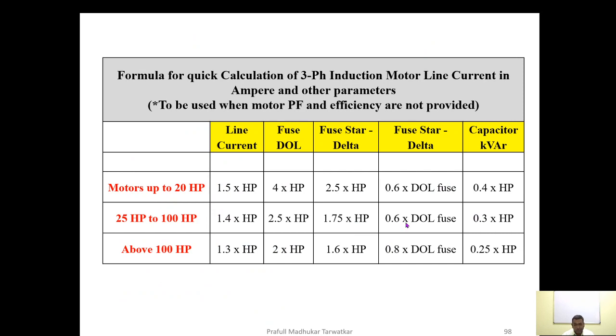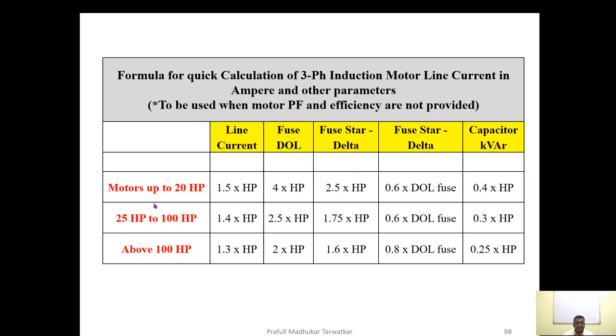Now have a look over the table. This table will help you in deciding the respective value of the capacitors required for power factor correction, depending on the system voltage, the type of starter used, and the capacity of the motor. Let us have a discussion.